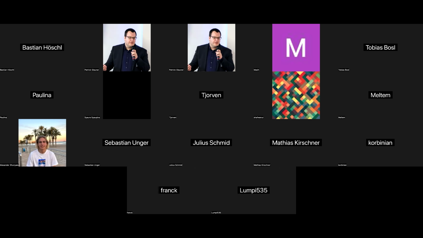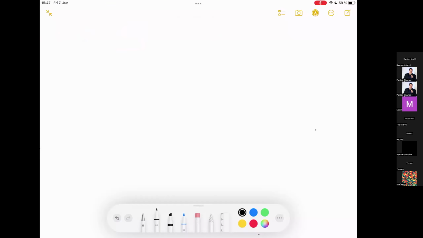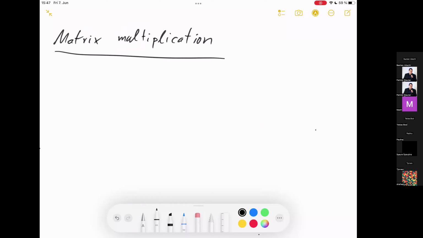We will quickly draw something on the iPad, because you all should be familiar with how matrix multiplications work. You have a matrix A and a matrix B, and in order to multiply them, there's a very nice visualization of how to do this.